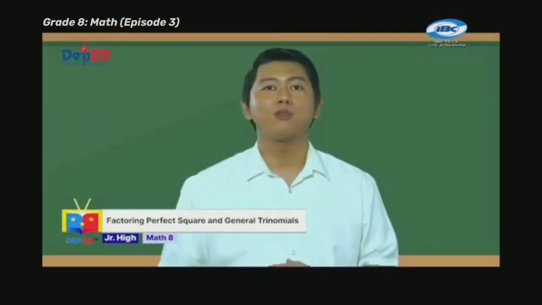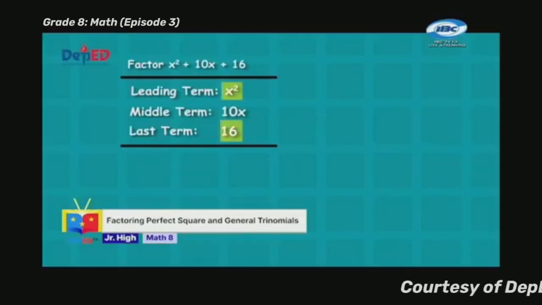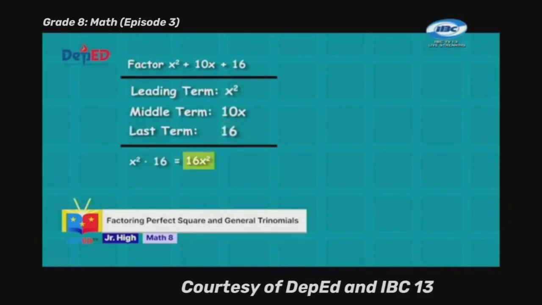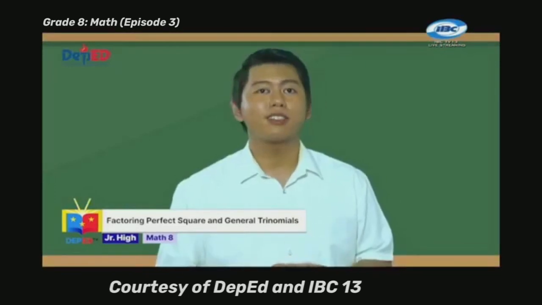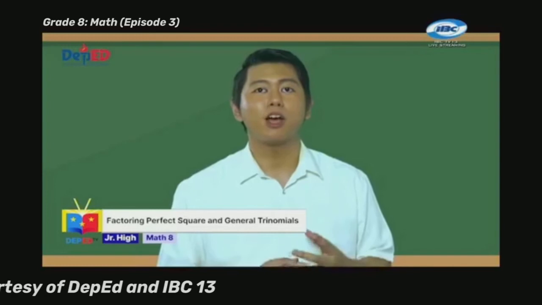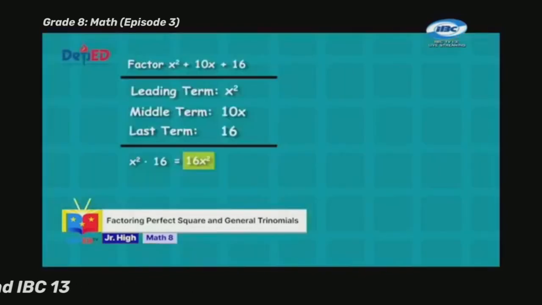Next step is to multiply the first and the last terms. What is x squared times 16? It is 16x squared. Similar to our exercise earlier, find two factors such that their product is equal to 16x squared. The catch is, their sum must be equal to the middle term.